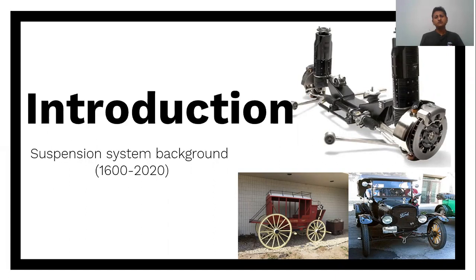Initially, it was used in the 16th century in the bulk carts or the carts driven by horses. And after two centuries, we came to automotives, and the suspension system has been used as a crucial part.